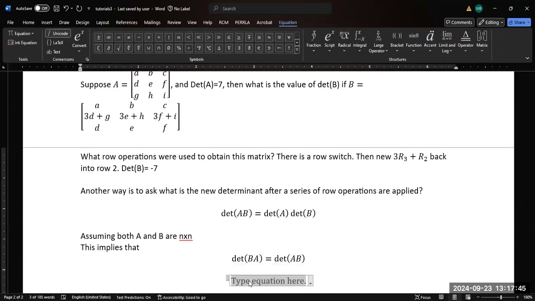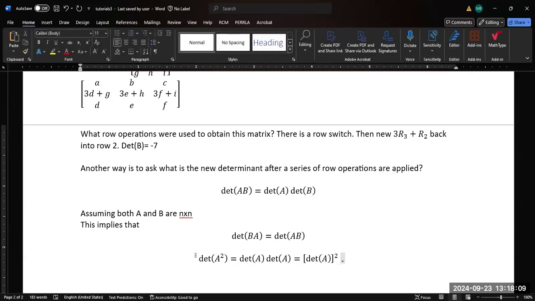So these two determinants will be the same. Another thing we can conclude from this is that det A squared is going to be equal to det A times det A, which means the determinant of A squared is the determinant of A, quantity squared.